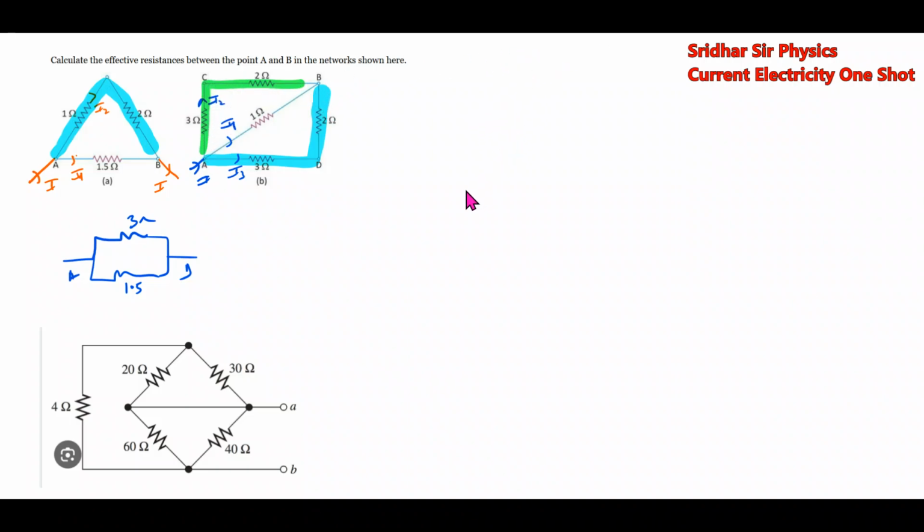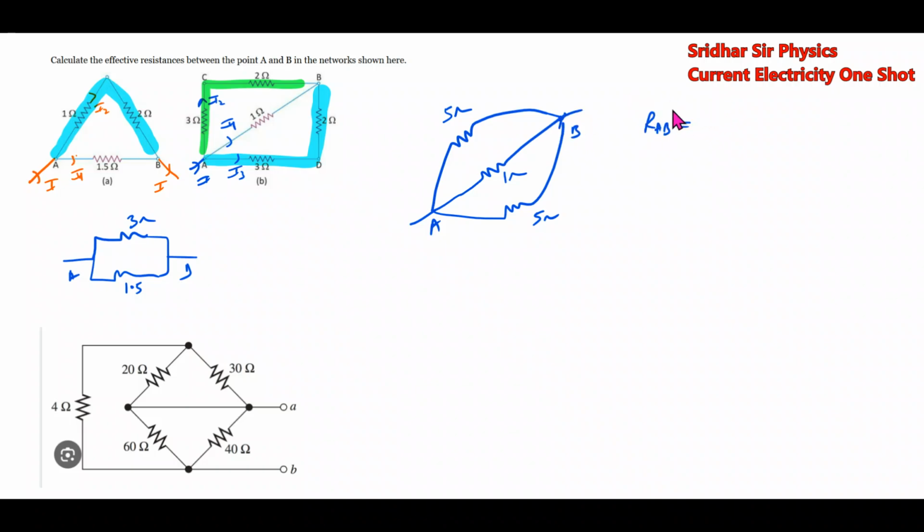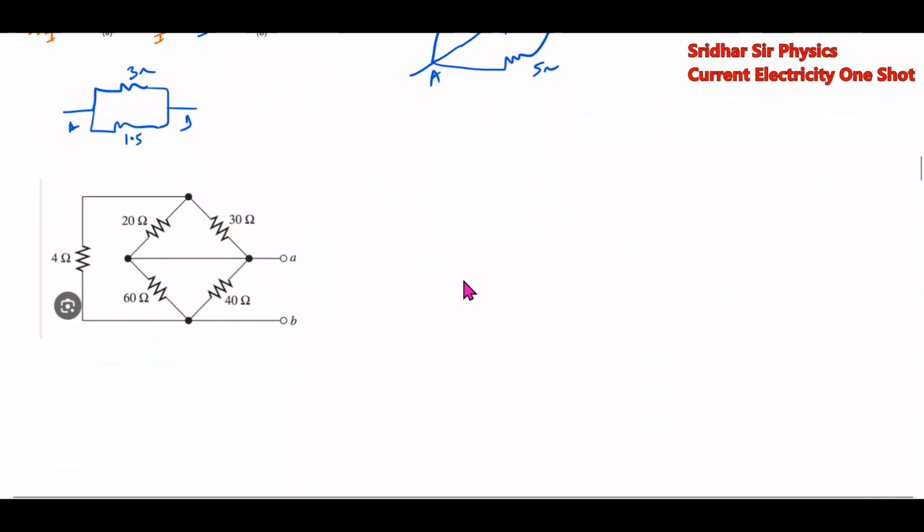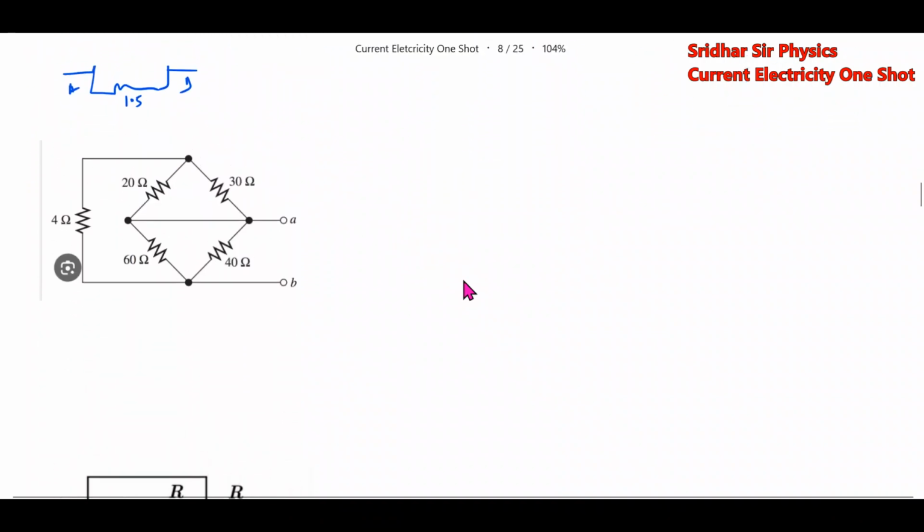So redrawing the circuit, 5 ohm, 1 ohm, 5 ohm, RAB, 1 by RAB equal to 1 by 1 plus 1 by 5 plus 1 by 5. Identifying series parallel.